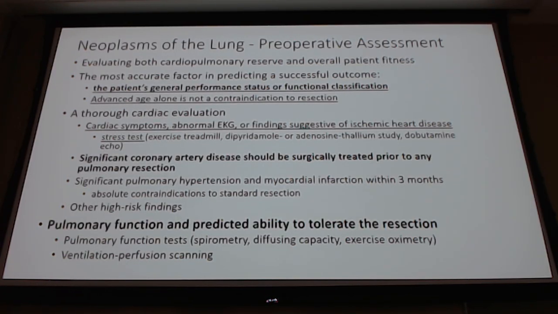We may have to do a ventilation perfusion scan, that VQ scan. You remember that from radiology? Think back a few semesters ago. The VQ scan is going to tell us if that mass is big enough or is putting enough stress on the lung that the ventilation and oxygenation is not working correctly.